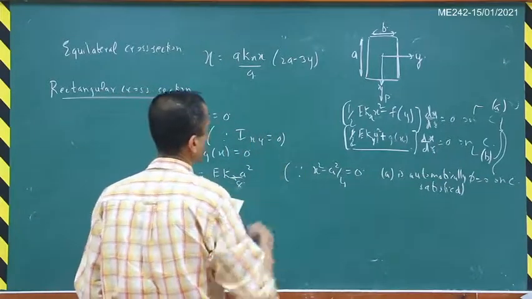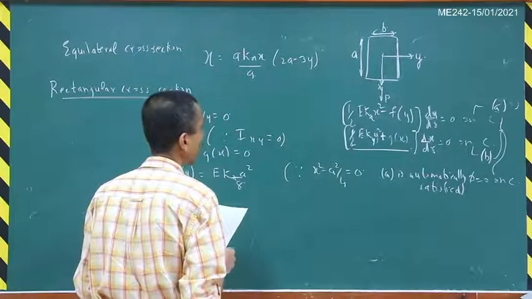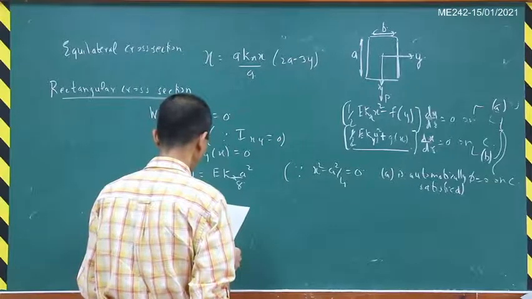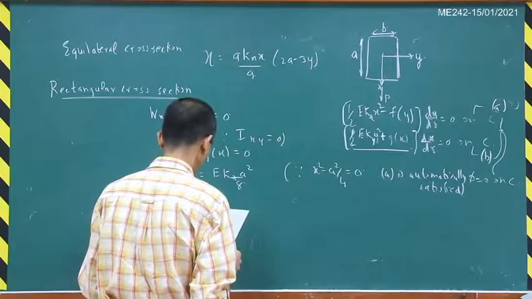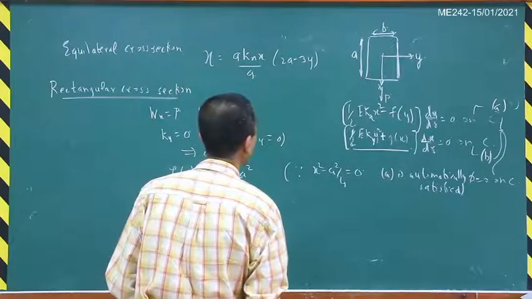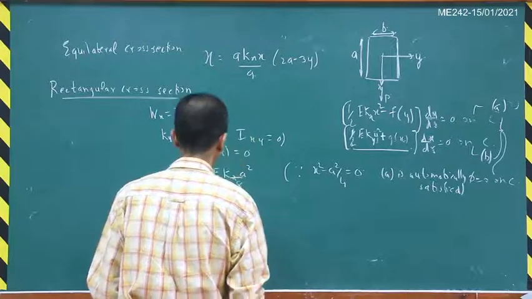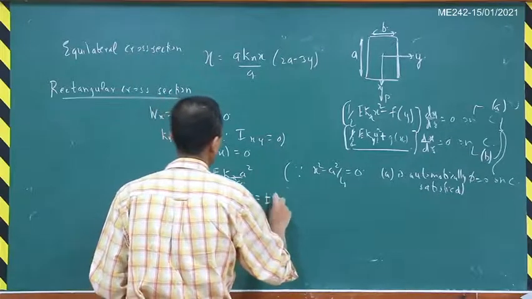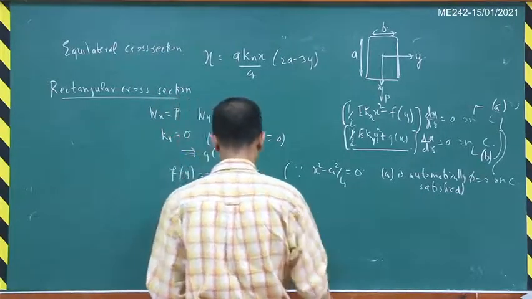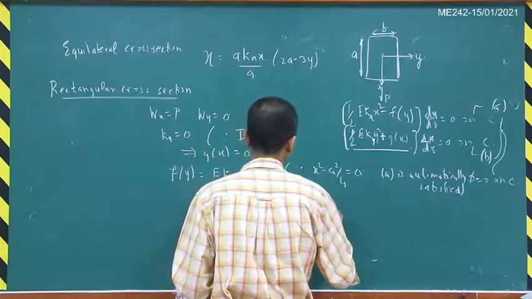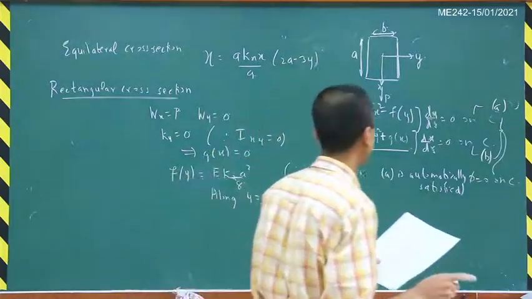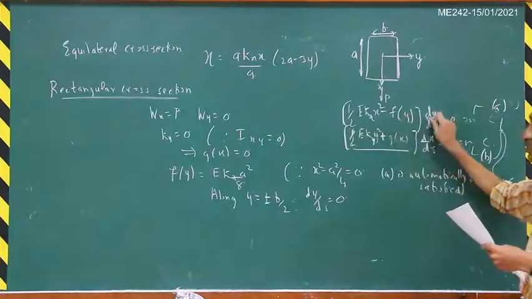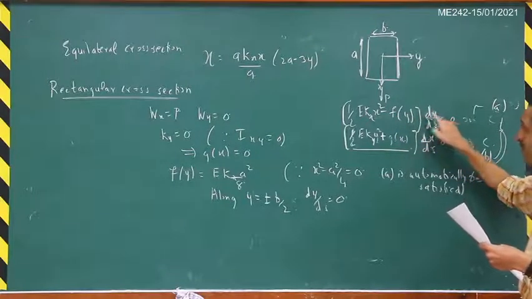So you can see that f of y is equal to this is satisfied on this particular edge, and on the other edge you have that dy by ds is equal to 0, along y equal to plus minus b by 2. Correct? This is something that I mentioned in the last class. This condition is to be satisfied as a combination. That means either this can be 0 or this can be 0.